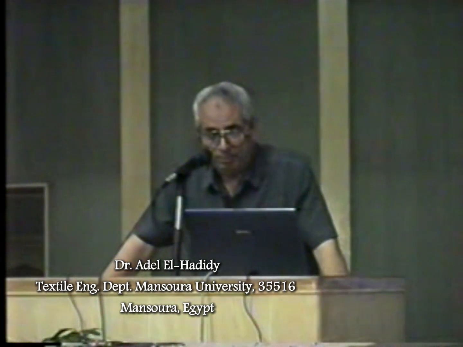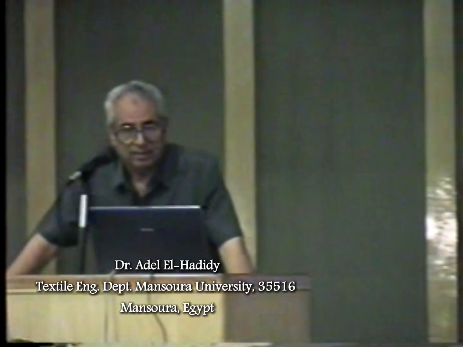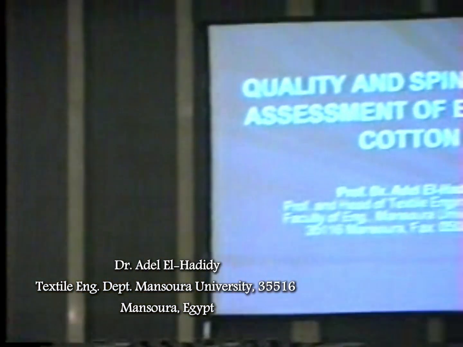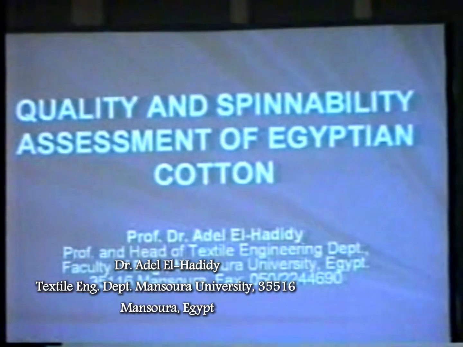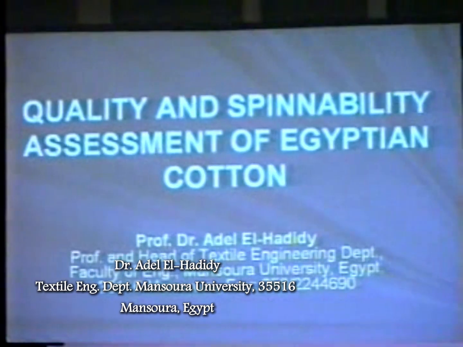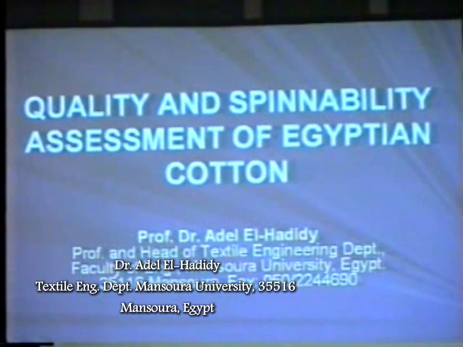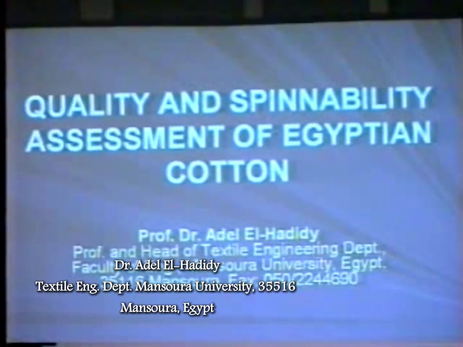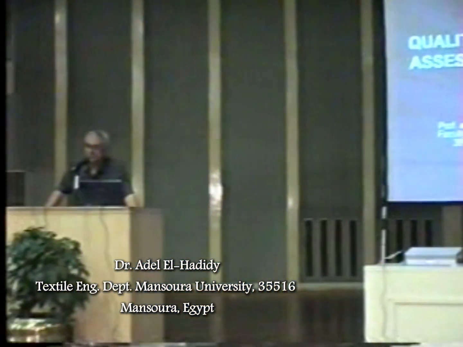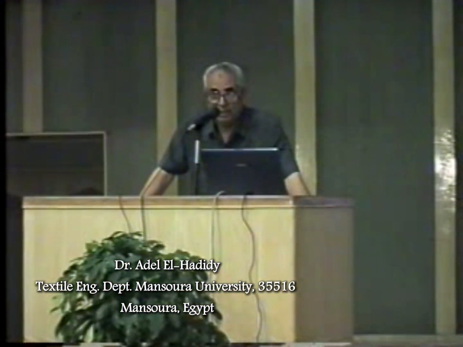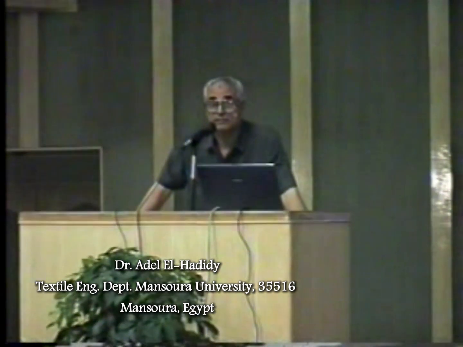The title of my presentation is Quality and Spinnability Assessment of Egyptian Cotton. It is clear from the title that it consists of two parts. The first part concerns the quality of cotton fibers.